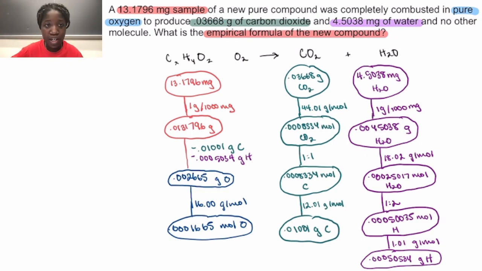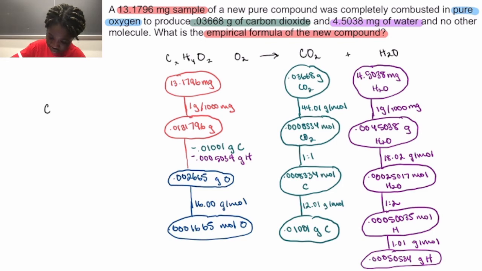So when we're solving for our empirical formula, we're going to take this X, Y, and Z and input the molar amounts of C, H, and O. So let me do that.